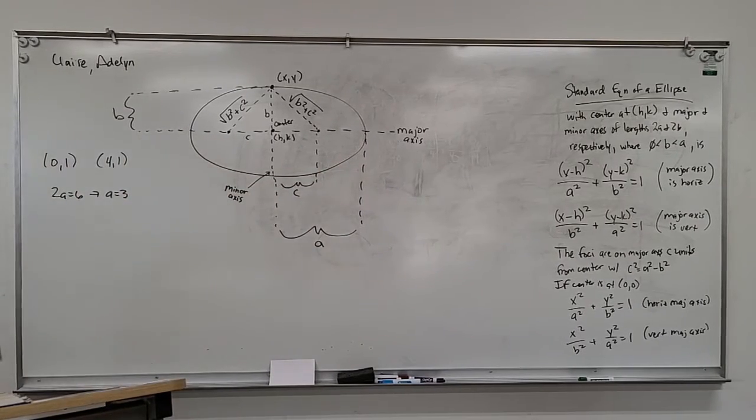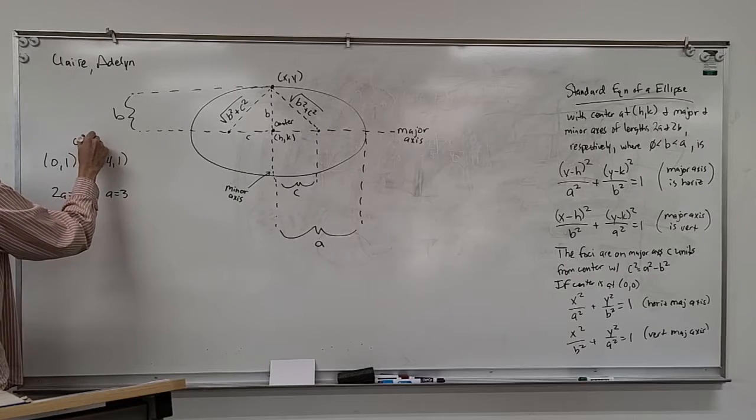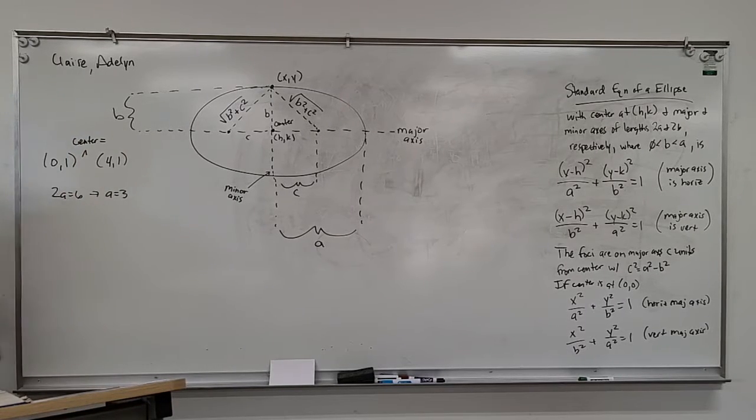And they do show you, when they've got that graph for you there, that the center point, the point that's halfway between the foci, has to be (2, 1). It has to.